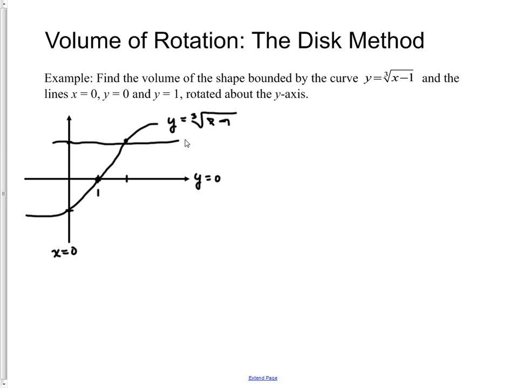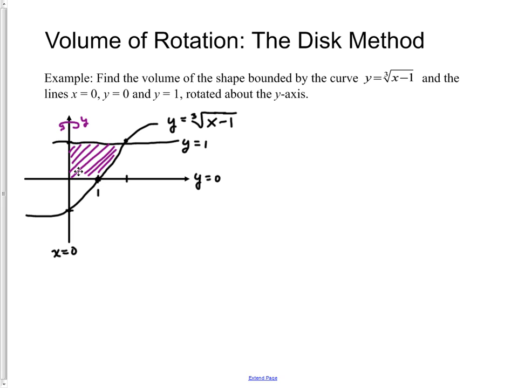Plot that right here. Here it is, y equals 1. Okay, so we're looking for the area that's enclosed right here. Let me shade this in a little bit. That's right here. There it is. Okay, so we're looking for this volume, and it's rotated about the y-axis.